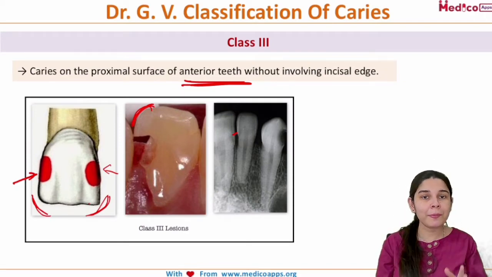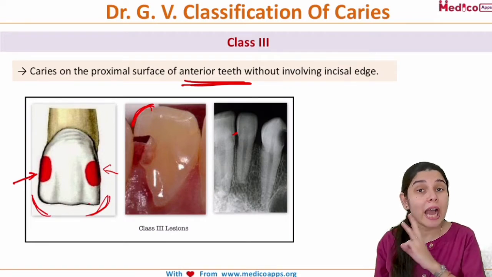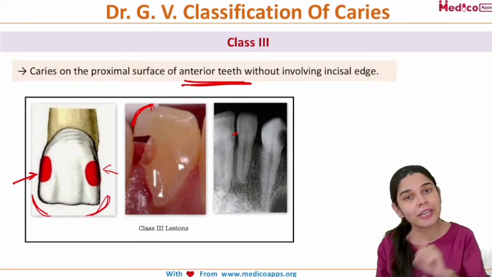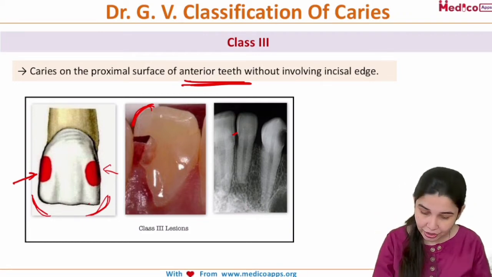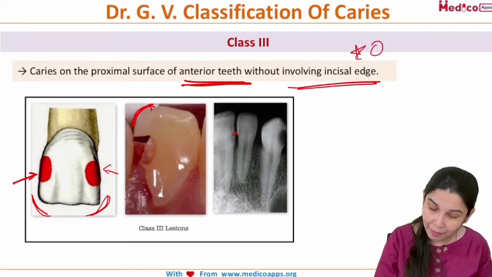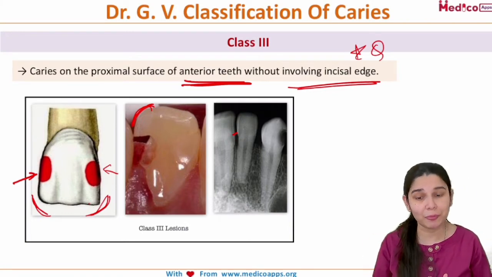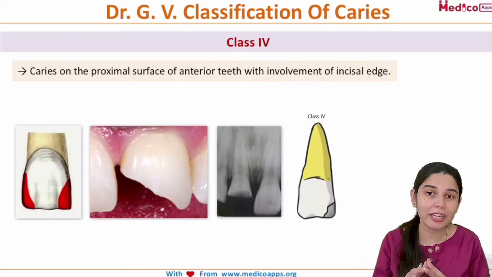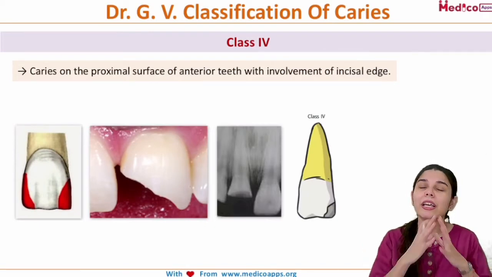So do remember, class 2 was the proximal surface of premolars and molars. Class 3 is the proximal surface of anterior teeth without involving the incisal edge. Please do make a note of it. This is the key point of class 3 cavity preparation or class 3 caries. Moving to class 4, what is this? This is very simple.